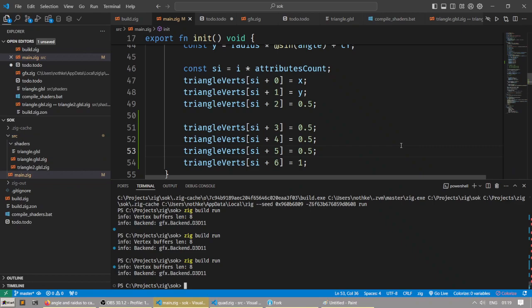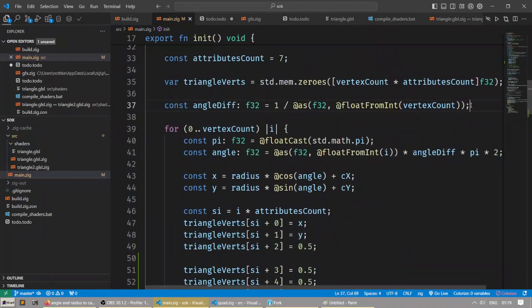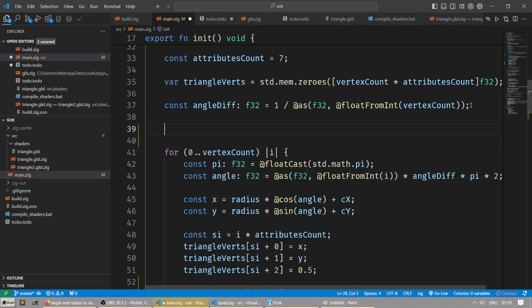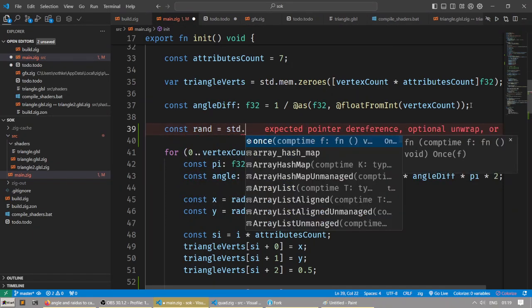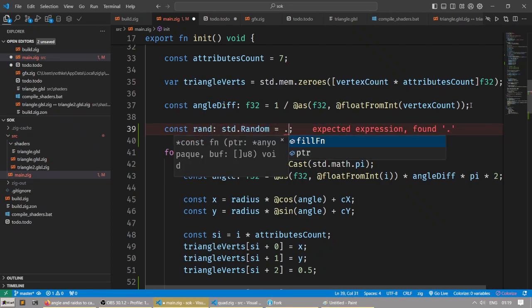All right. So, yeah, this I want to turn into a random, but let's do that with a rand, and that's going to be std random. Is it better to write things like this?